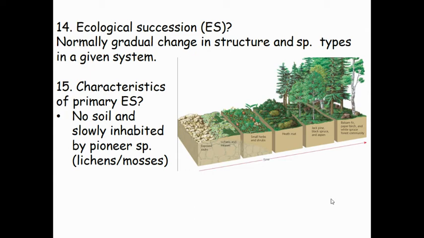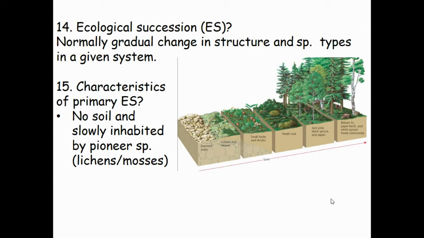So primary starts with just simply solid rock, no soil. There actually are species called lichens that can survive on solid rock. They can chemically break down the rock and get nutrients that way. As these lichens die over time, they create a very thin soil layer.